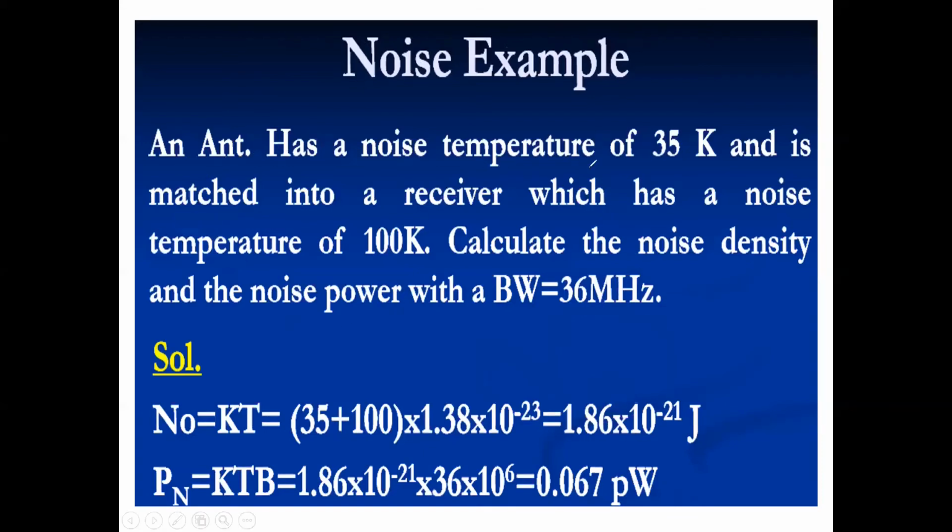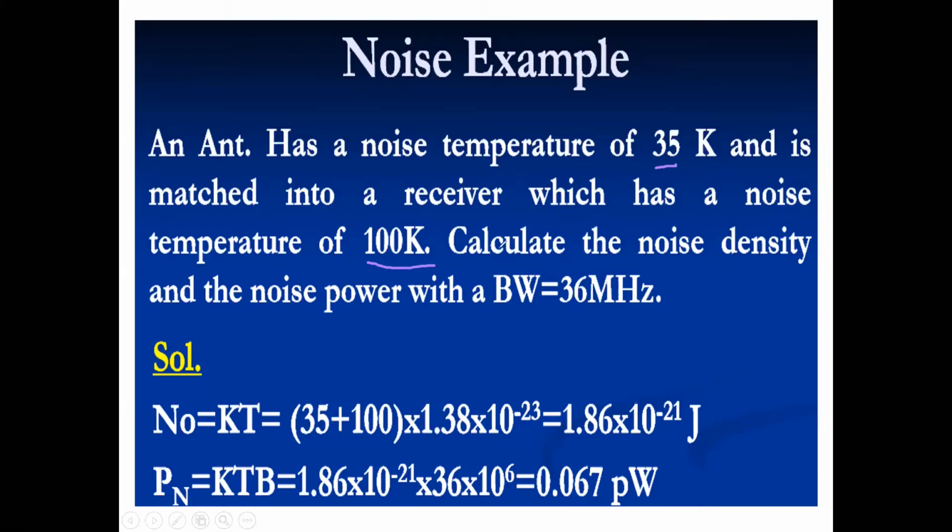An antenna has a noise temperature, T antenna, of 35 K and is matched to a receiver with a temperature of 100 K, meaning TE of the first stage is 100 Kelvin. Calculate the noise density, that is K into T, and the noise power with a bandwidth of 36 megahertz.